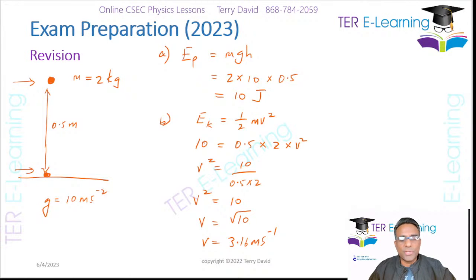Based on my calculator, it's exactly 3.16 to 2 decimal places. So that is one there.